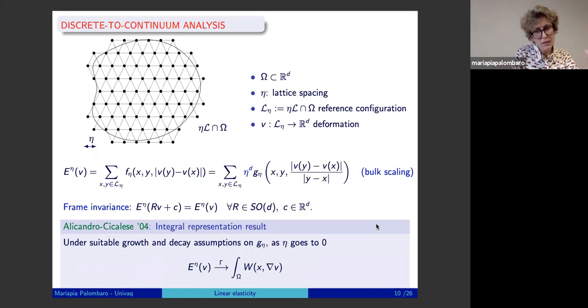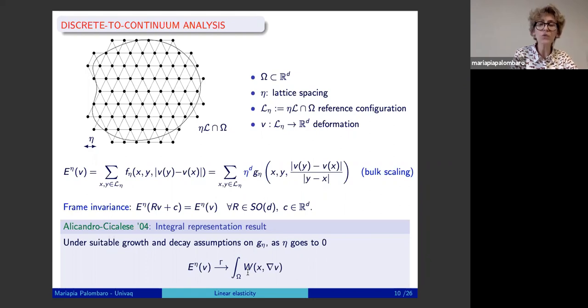And this results in a density of energy, W, that has too many minimizers. So instead, these oscillations are forbidden in the linearization regime. Recall that in the linearization regime, we are dividing the energy by epsilon squared. So these oscillations are forbidden.